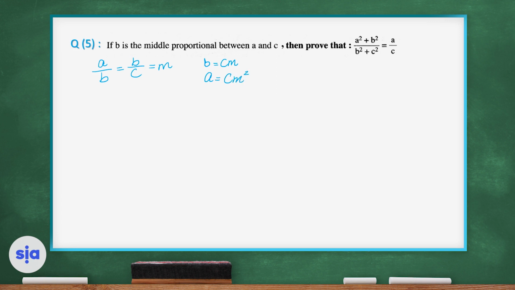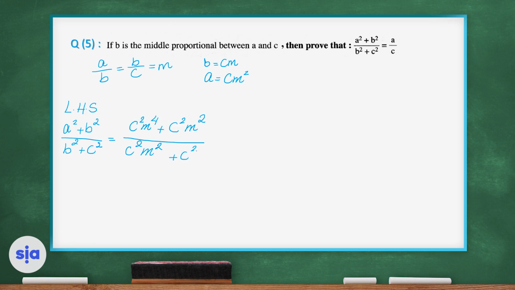To prove that a squared plus b squared over b squared plus c squared equals a over c, you're going to work first on the left-hand side. So here, a squared plus b squared over b squared plus c squared. We're going to replace the a squared by c squared m to the power of 4, plus b squared, which is c squared m squared, over again b squared, which is c squared m squared, plus the c squared.